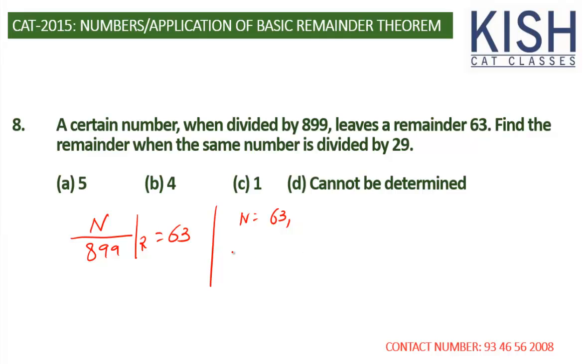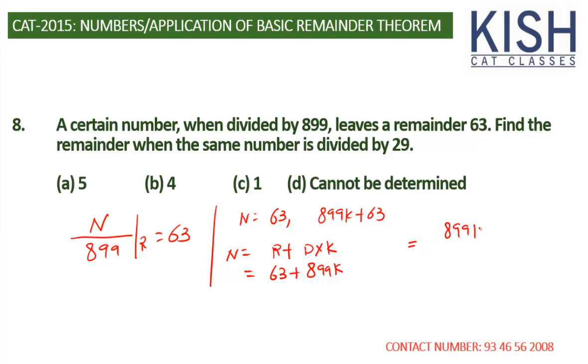So in such a case we can say n equals remainder plus divisor into some value, that is k. Now the remainder we are getting is 63 when divided by 899. So if k equals 0, then we get the minimum number. K equals 1, we get the next number. So it means that n is of the format 899k plus 63.